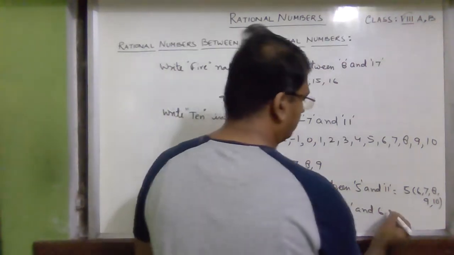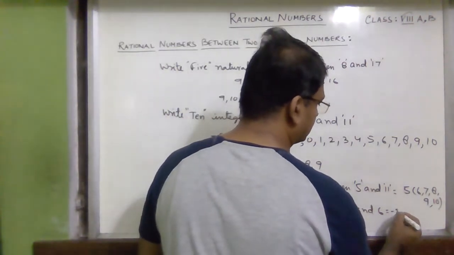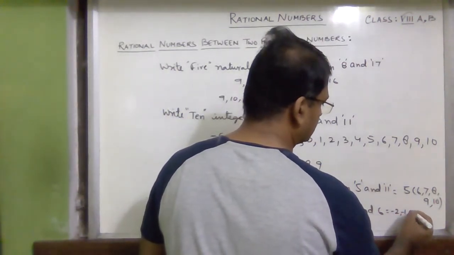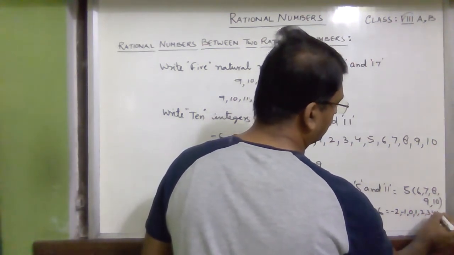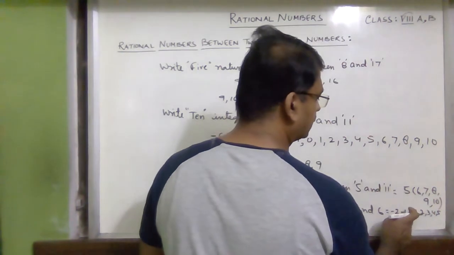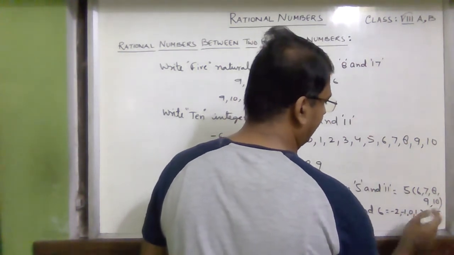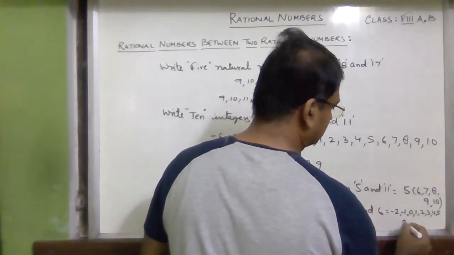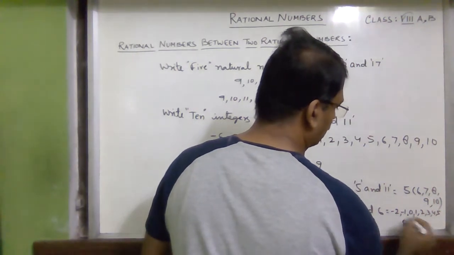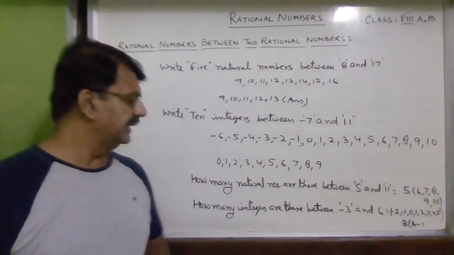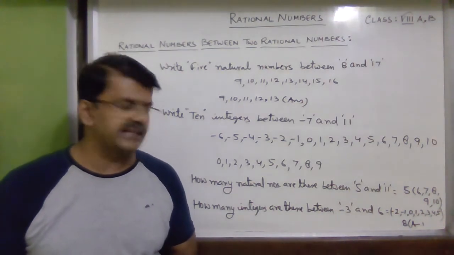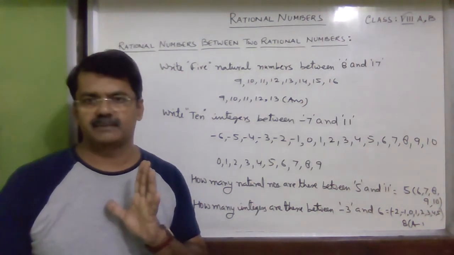Now see, between -3 and 6 means -2, -1, 0, 1, 2, 3, 4, 5. So 1, 2, 3, 4, 5, 6, 7, 8. The answer is 8. There can be 8 integers between -3 and 6. Again, that number is fixed.